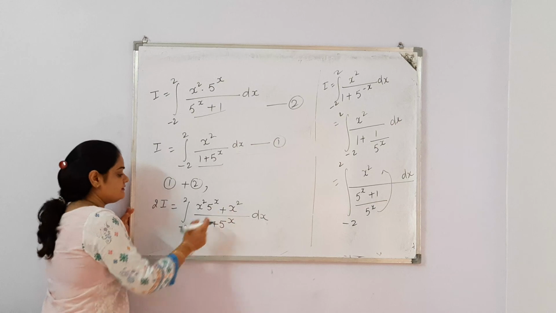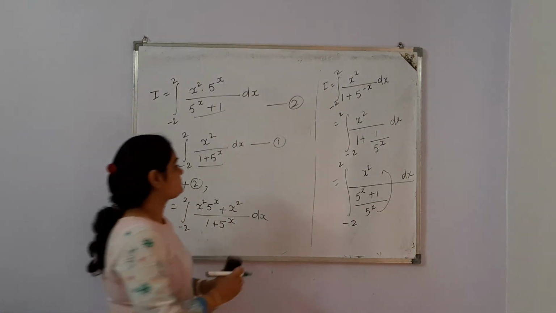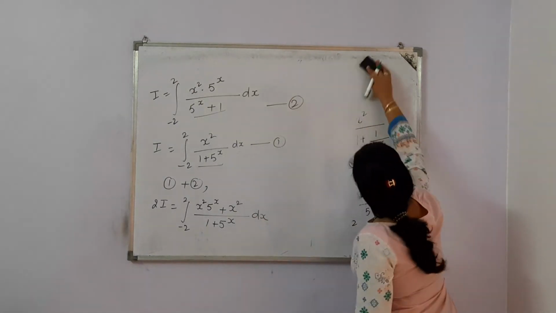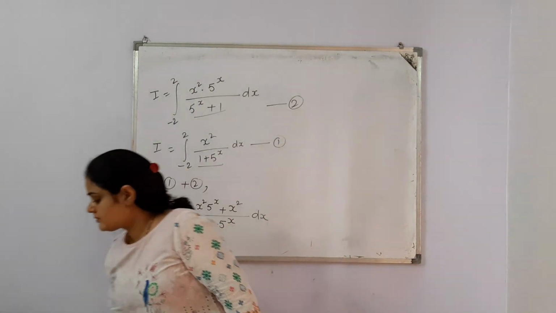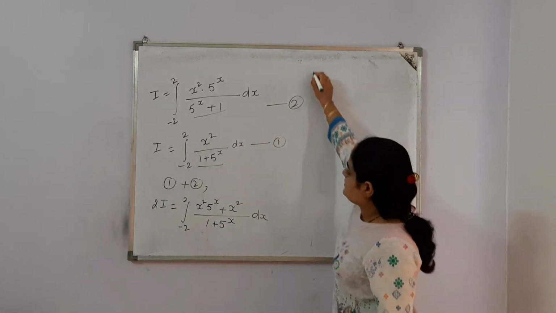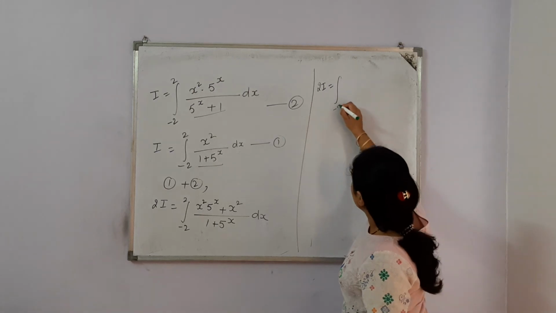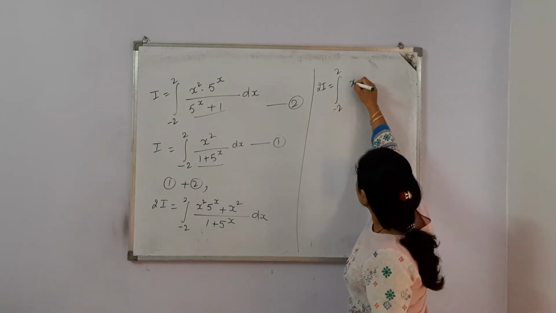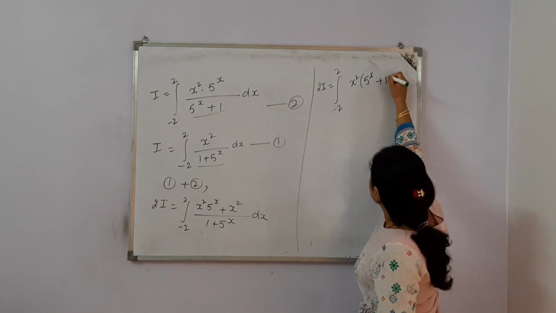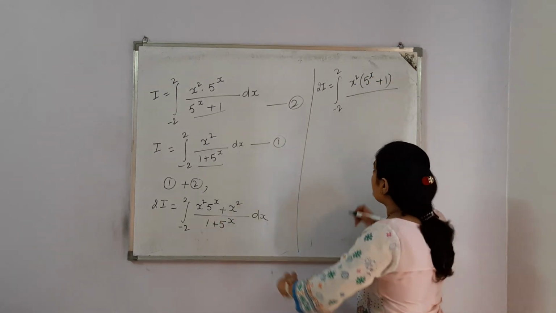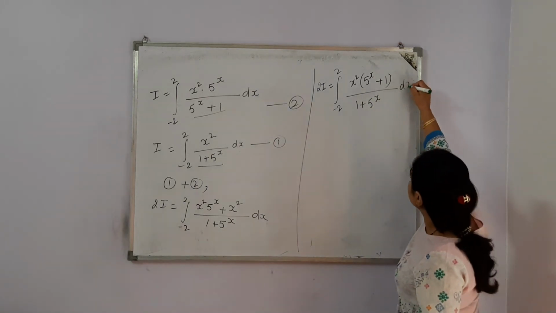Now what you are watching x square, we can take it as common. I is equals to, after taking x square as common, we are getting inside 5 raised to power x plus 1, and in denominator we have 1 plus 5 raised to power x dx.